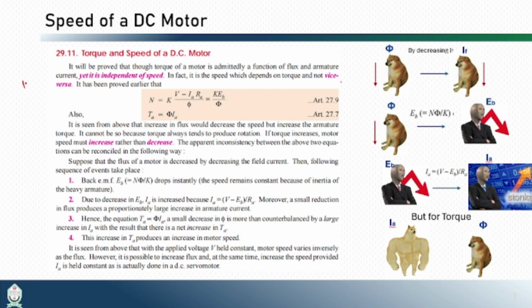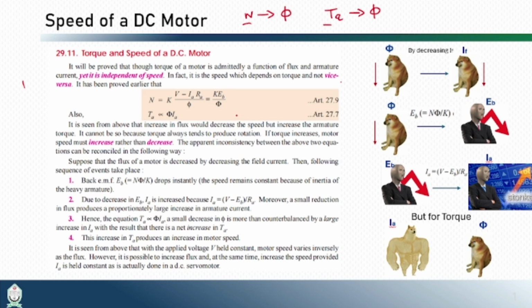So from the topics we have covered so far, it is apparent that the speed of our DC motor has some connection with magnetic flux. And in our previous class, we have learned that the torque of a motor has some relationship with magnetic flux. But the interesting part is, if you look deeper into it, both these parameters have a relationship with magnetic flux, but in reverse order.